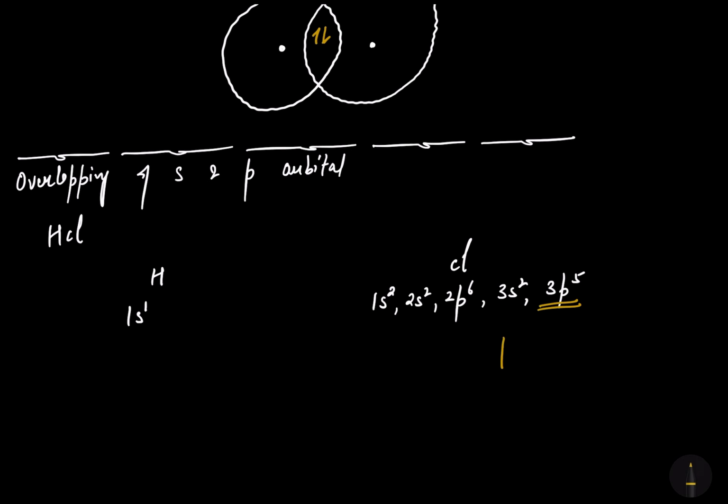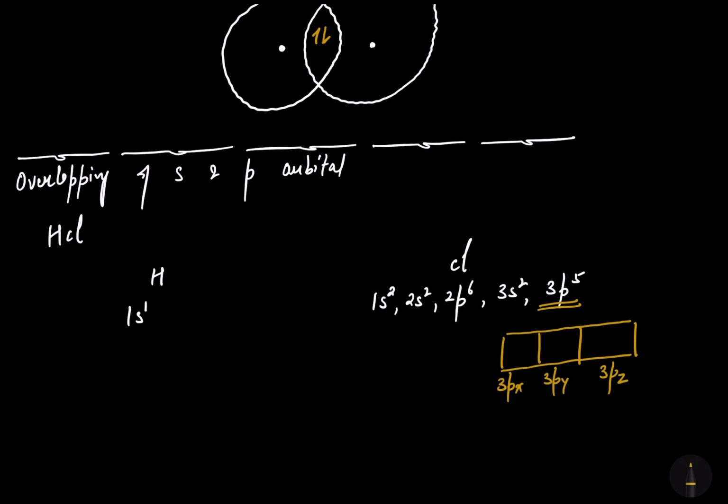And it's like this. This is 3px, this is 3py, and this is 3pz. Now the electronic configuration is 3p5, so we have to follow Hund's rule. That is, we have to give one electron each to each orbital, then pairing will start.